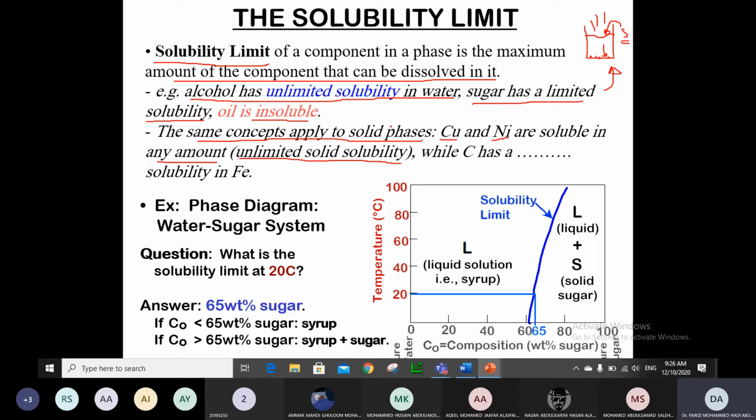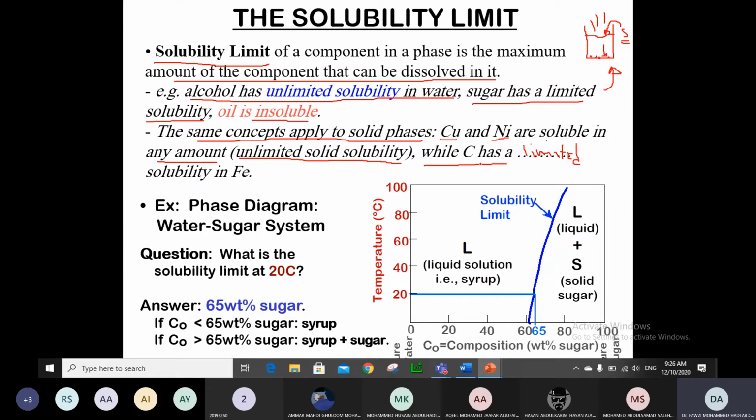So the copper nickel system is unlimitedly soluble one into the other, while, for example, carbon in iron has a limited solubility. Why does it have limited solubility?